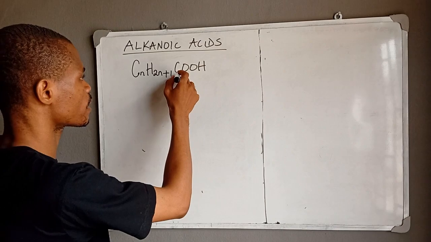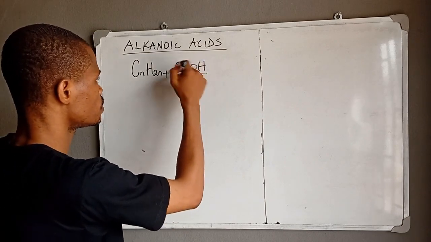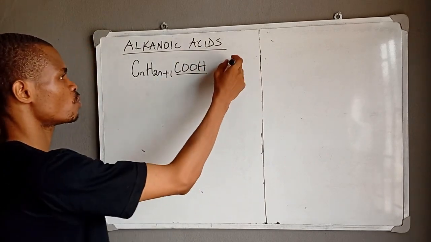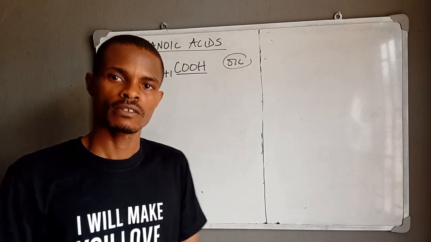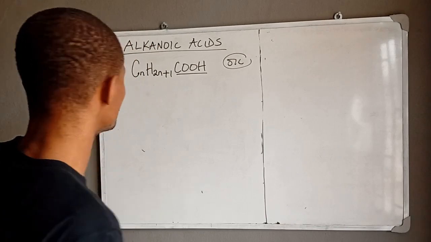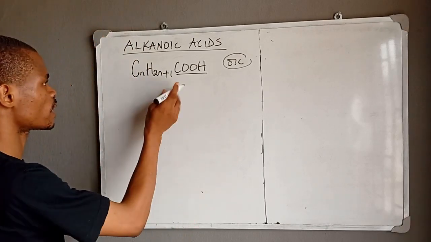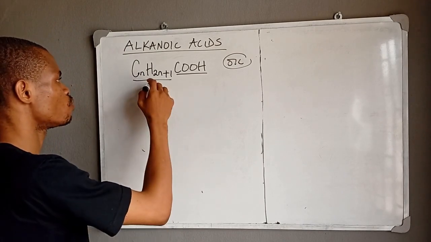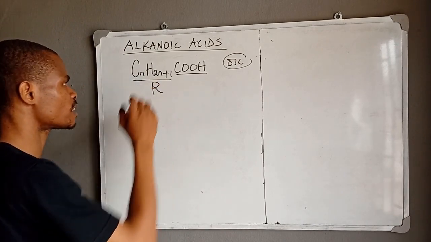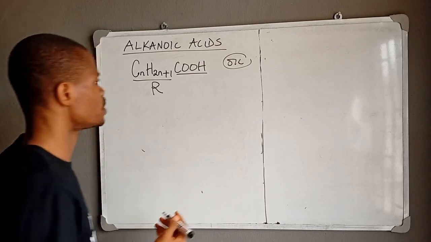They have the OH, so this has to do with the functional group, the OH. Every member of the series will go after the OH. That makes them have the same resemblance. Now don't forget, we have CnH2n+1, which represents the alkyl group, as we stated in previous videos.